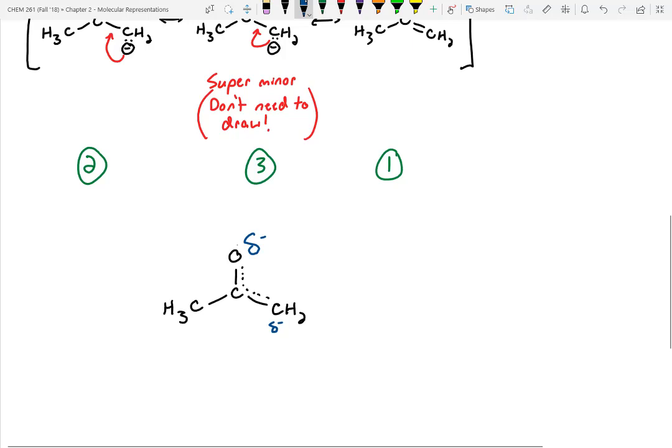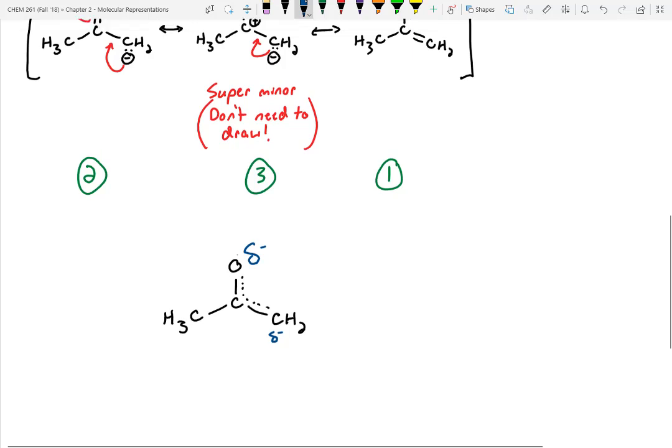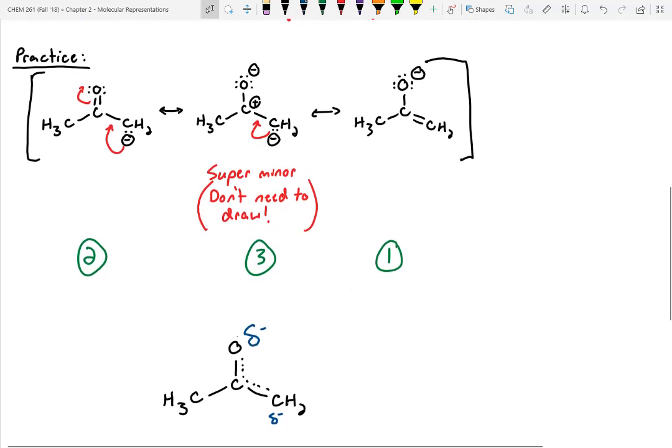Which bond is going to be shorter, the carbon-carbon bond or the carbon-oxygen bond? Let's think about it. Our major contributor had a carbon-oxygen single bond. Single bonds are typically longer, so we would expect this bond to be a little shorter. So we'd say more double bond like than the CO bond.